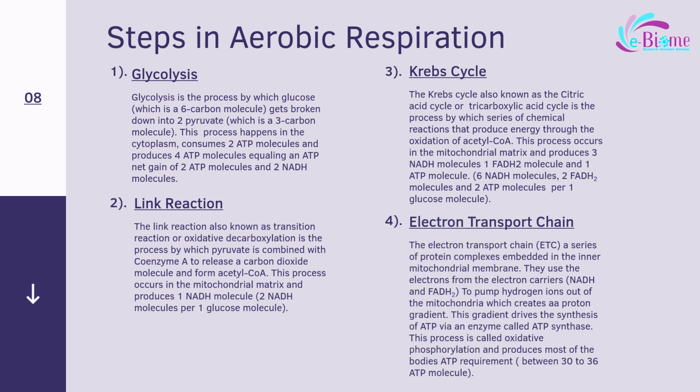The final step in this reaction is called the electron transport chain. The electron transport chain is a series of protein complexes, or proteins, that are embedded in the inner mitochondrial membrane. That's the second membrane that the mitochondria has inside of it.